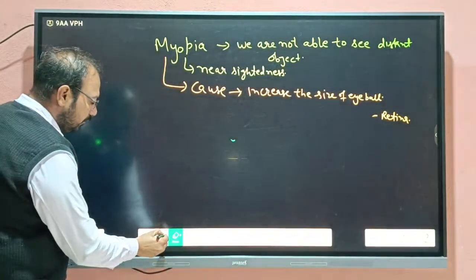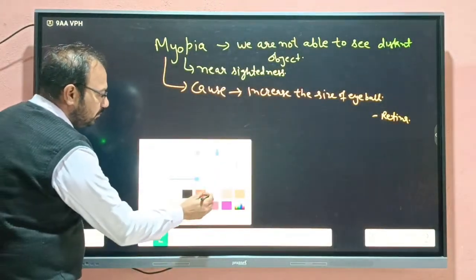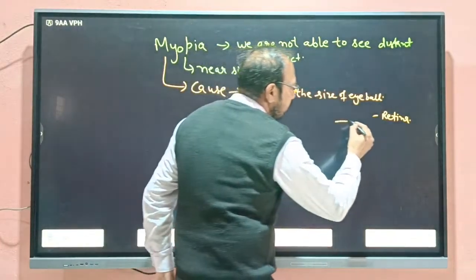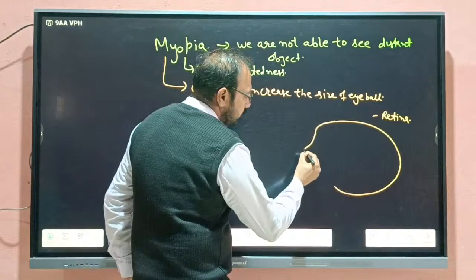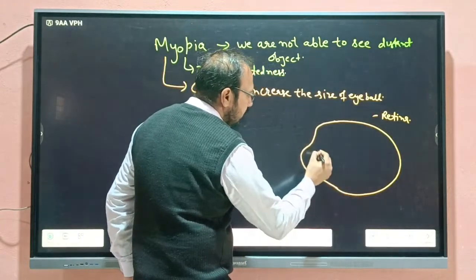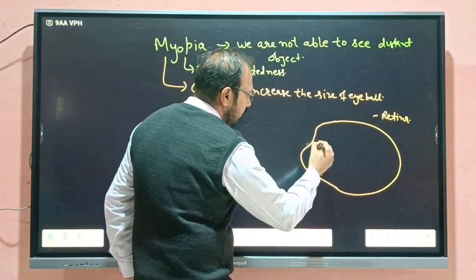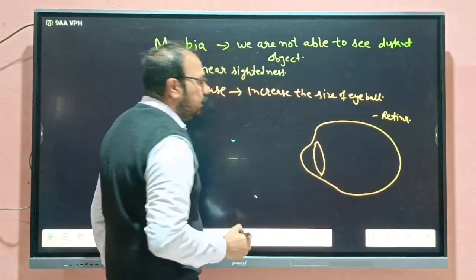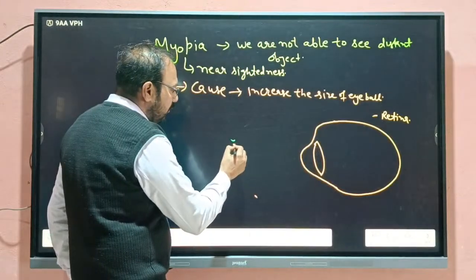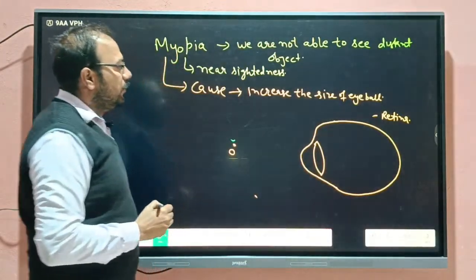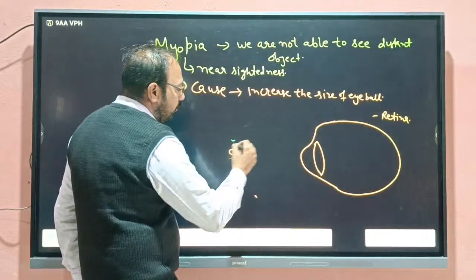We draw this diagram again. This is a lens, and this is an object here. The object position is O. These rays are coming from this point.